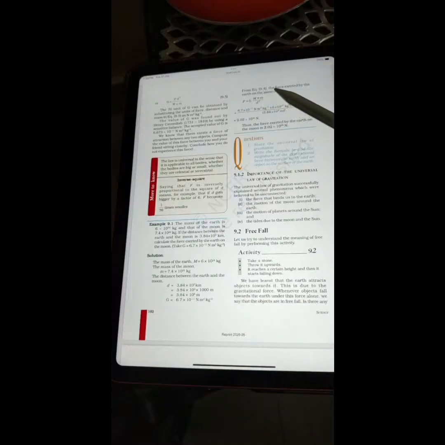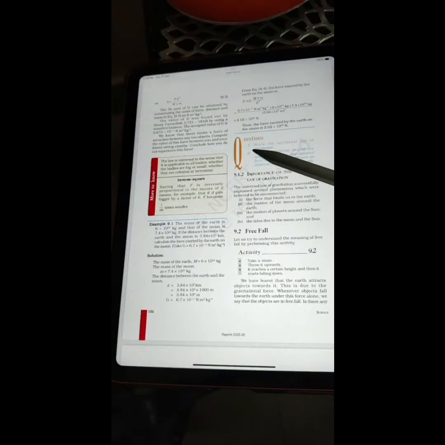From equation 9.4, the force exerted by the earth on the moon is F is equal to capital G, capital M, small m by d square. So after putting all the values, the value that you will receive is 2.02 into 10 to the power 20 Newton. Thus the force exerted by the earth on the moon is 2.02 into 10 to the power 20 Newton.